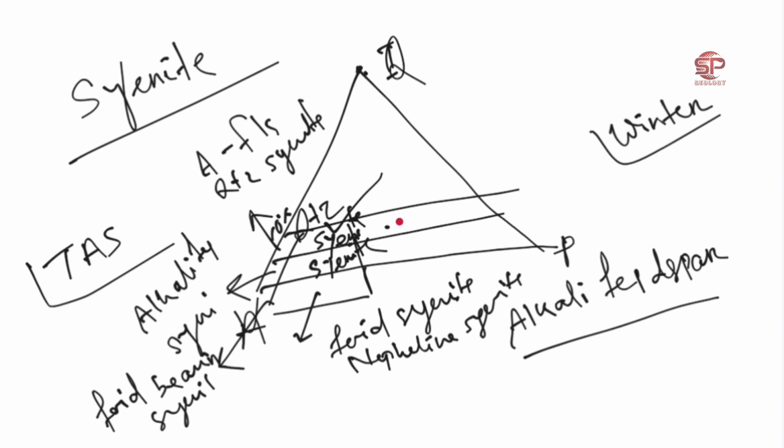If it is less than 5%, then it will be called syenite. If alkali feldspar content is greater than 90%, it is called alkali feldspar syenite. If quartz percentage is 5 to 10% and alkali feldspar is greater than 90%, then it is called alkali feldspar quartz syenite. So easily you can classify syenite, na?